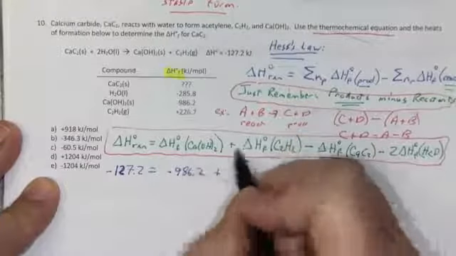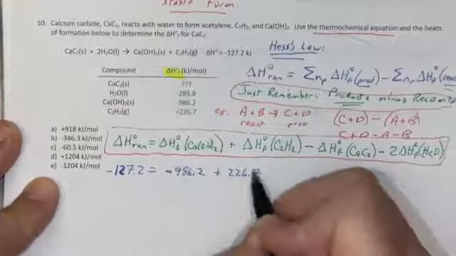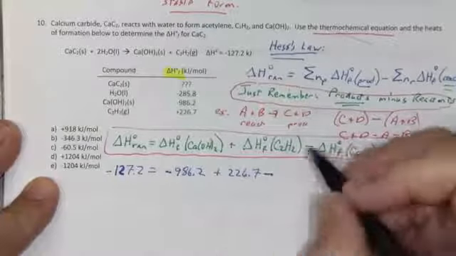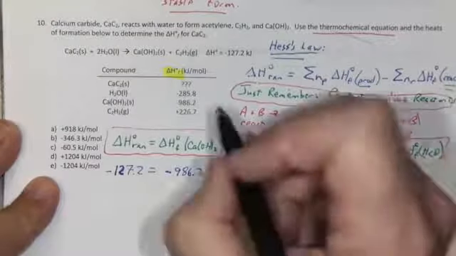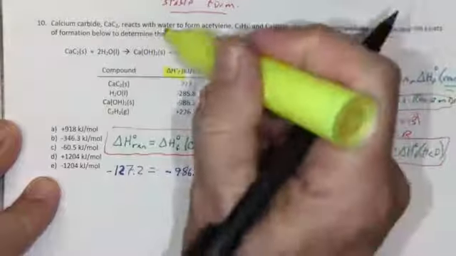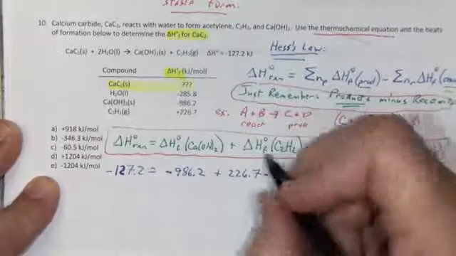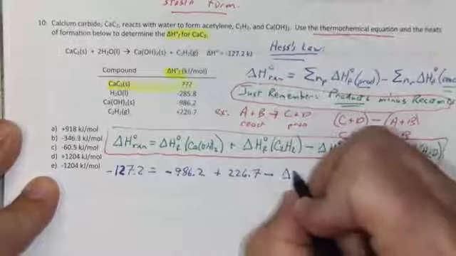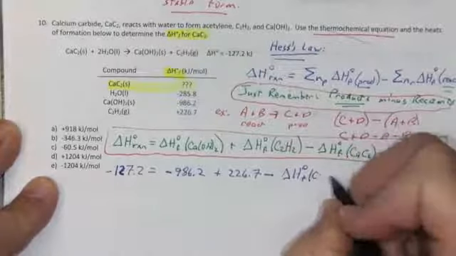So these are products. Now, even with the products, if this was already negative, keep it as negative. These are products minus reactants. So minus the delta H of formation of CaC2. And that's what we're looking for. We're trying to determine the delta H of formation of CaC2. This is our unknown. Delta H 0 of formation of CaC2.